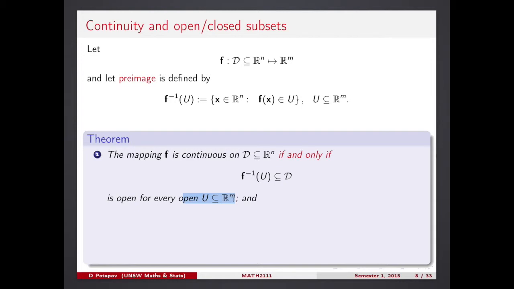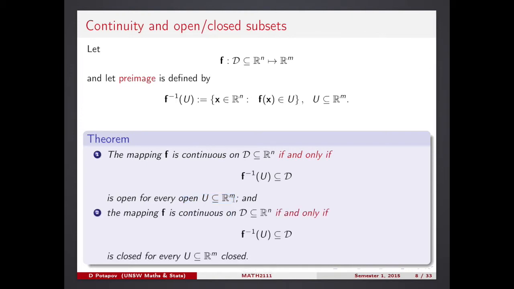And that's an if and only if result. If you have a continuous function, you can always expect that the pre-image of an open set will be open, and the other way around: if you show that the pre-image of an open set is always open, the map is continuous.